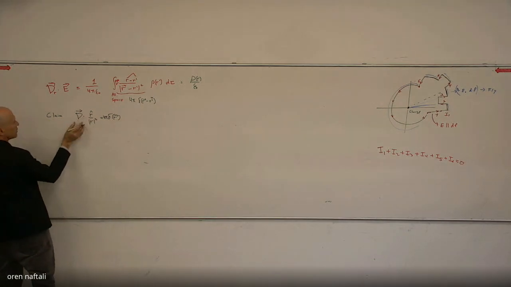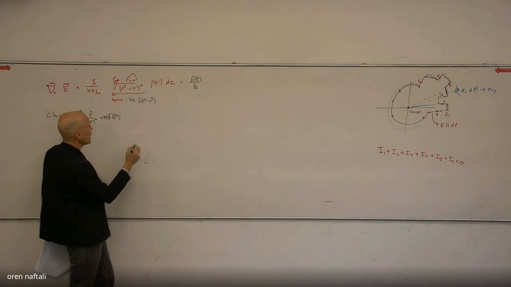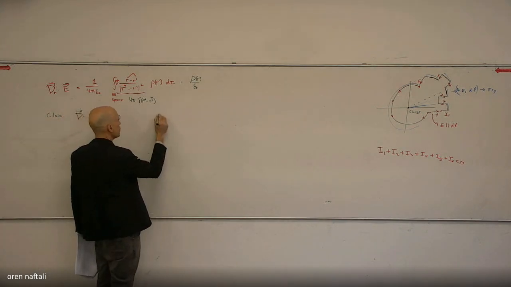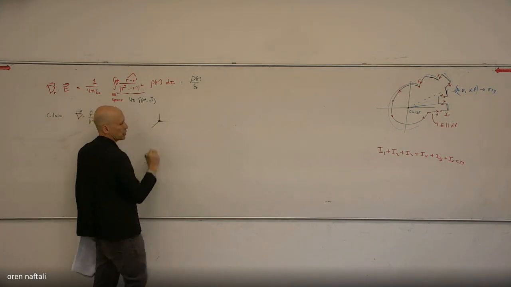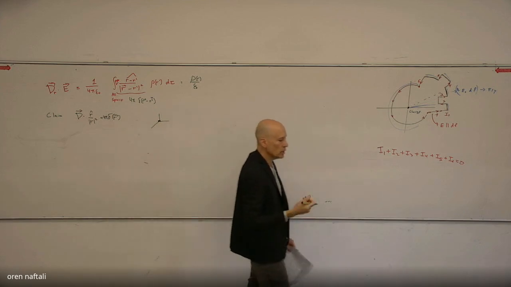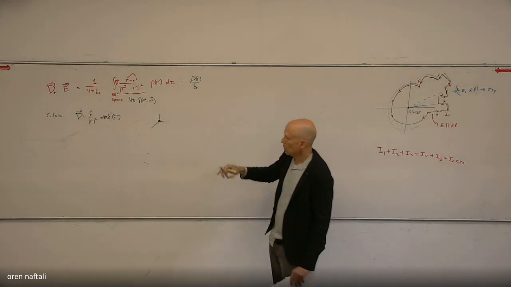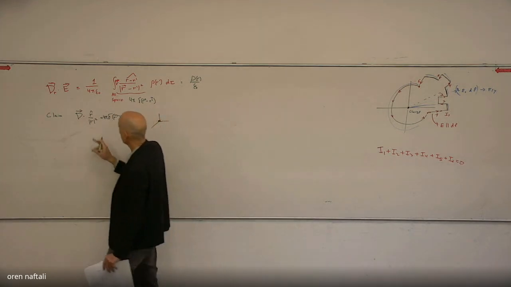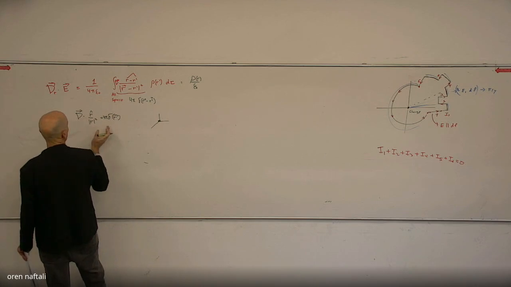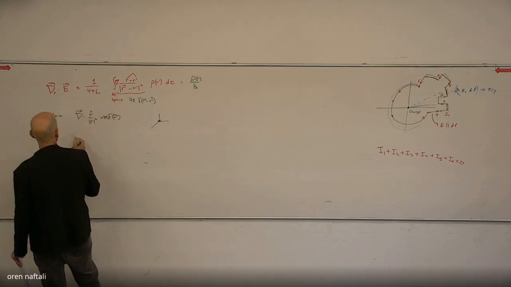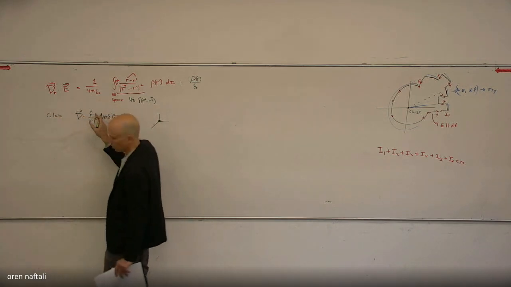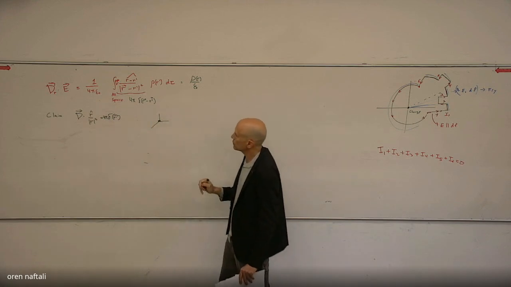Now enters the fact that this delta function, of course, is on the origin. So if you want to think about it physically, this is the Coulomb's law on the origin. You have a charge. Now, to prove this is rather easy because of the direction of this field.